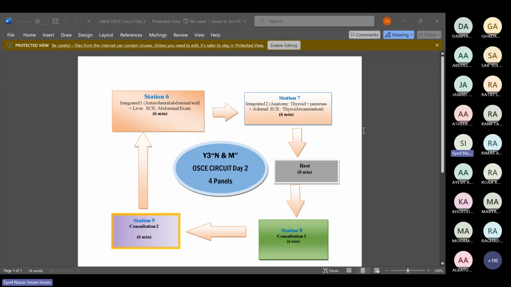Now, in anatomy, you have to answer questions from the anterolateral abdominal wall and the liver.